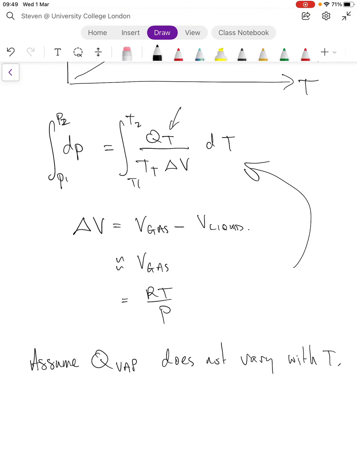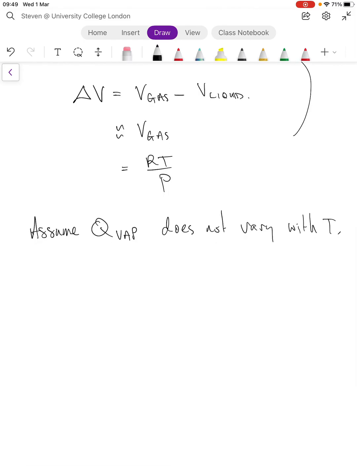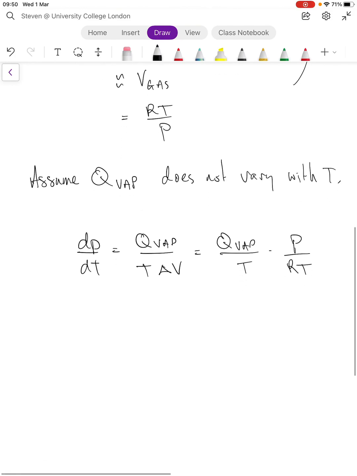Right? And so with these two things, we can now perform our integration. So let me just write this out. The dP/dT we had equal to the latent heat of vaporization divided by the temperature times the change in volume, and with the substitution of ΔV from above, this is going to be the latent heat of vaporization divided by temperature times pressure divided by the gas constant times the temperature.